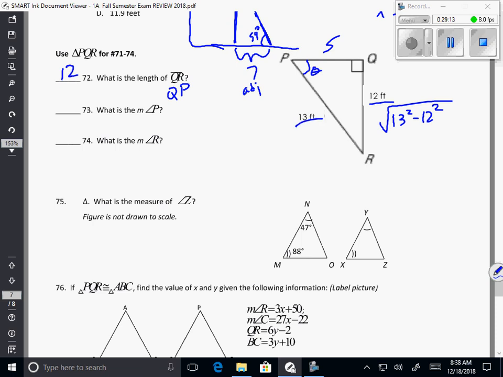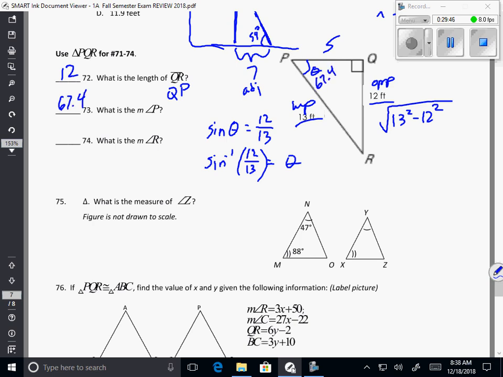Go with opposite over hypotenuse, so sine theta is 12 over 13. We use inverse sine of that ratio to give us that angle. The angle comes out to 67.4 degrees.